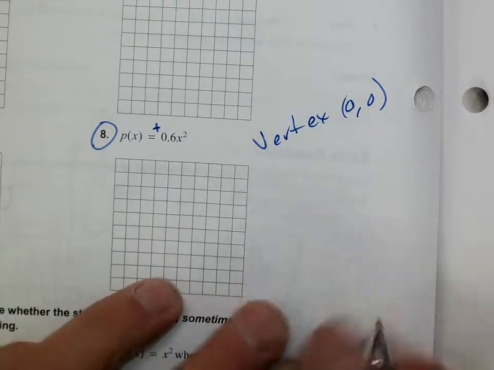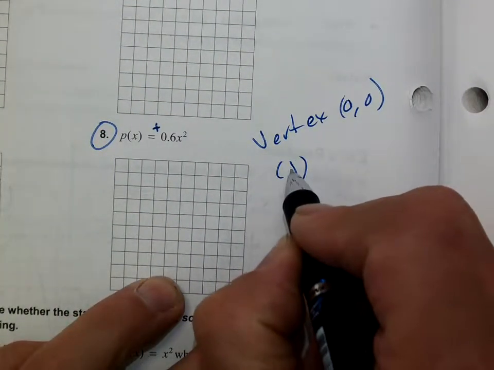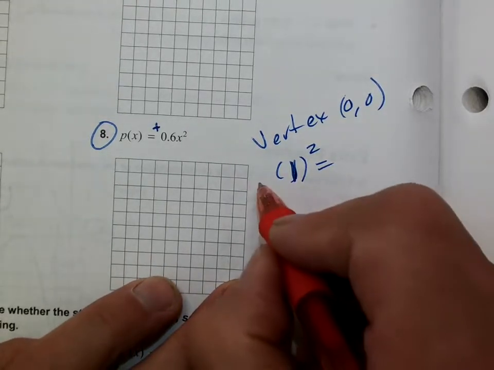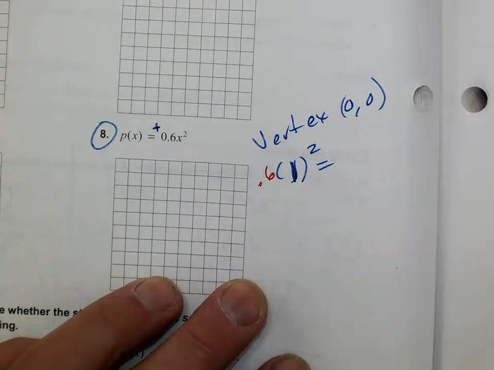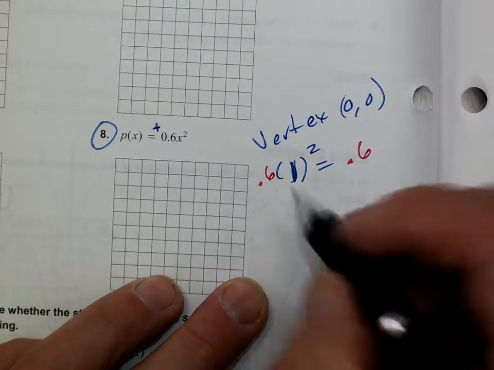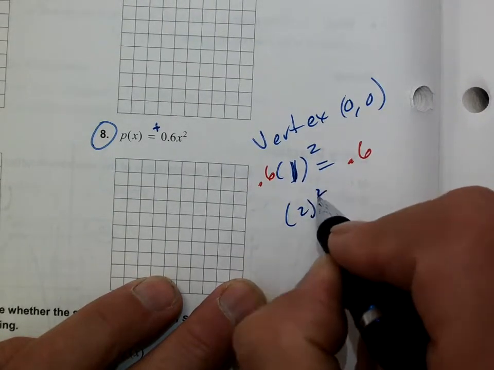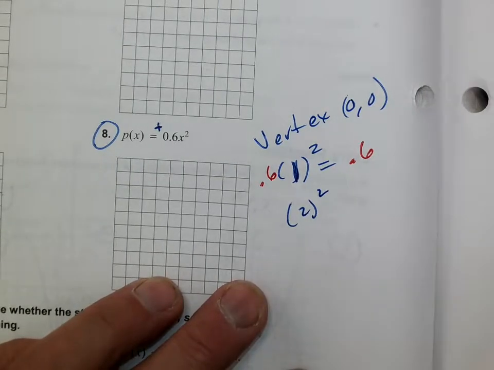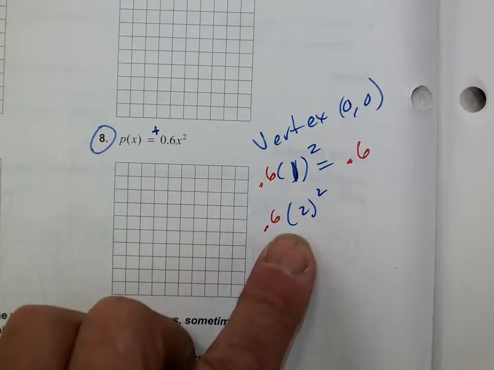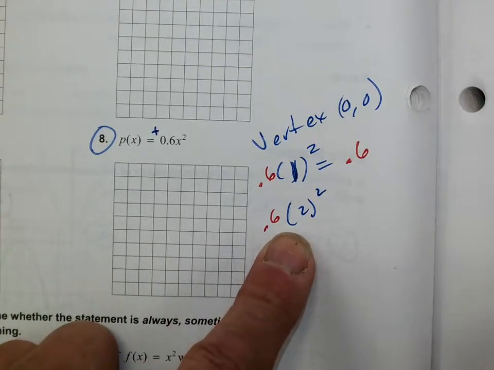And what I'm going to do is take my 1 squared, which is 1, and multiply that by 0.6, which gives me 0.6. I'm going to take my 2 squared, which is 4, and multiply that by 0.6, which is what? 4 times 6 is 24, so 2.4.